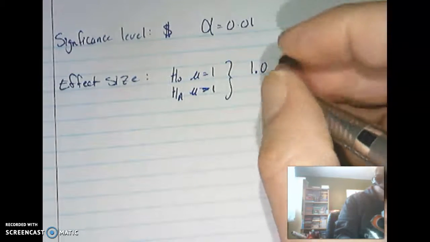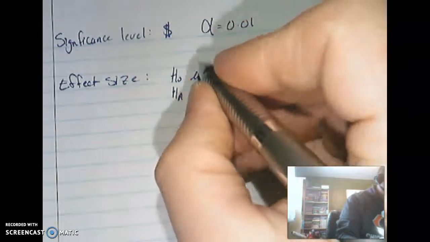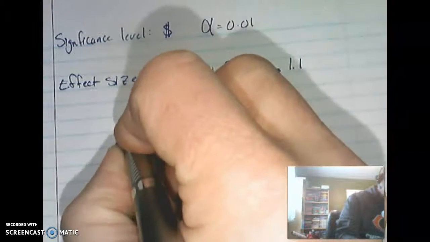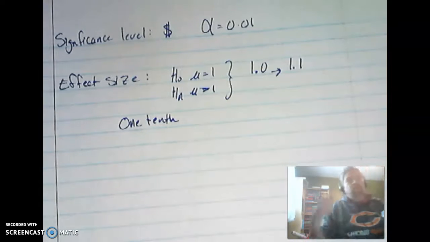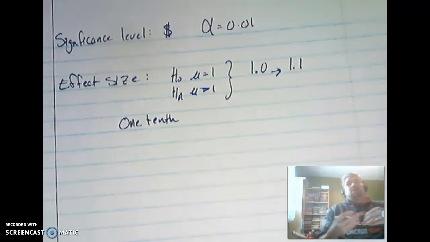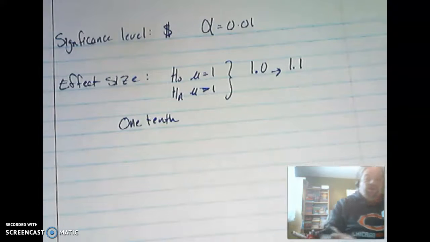So our effect size will be 1/10. If we're looking at fractions, we're looking at what's the next growth. Are we looking at the fact that somebody is going to hit that half-inch mark? Are we looking at the next penny? Are we looking at the next dollar? What exactly is the effect size? What are we looking for?